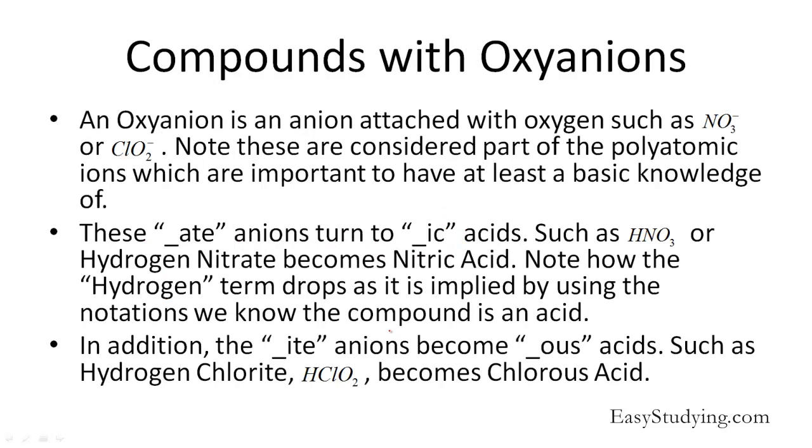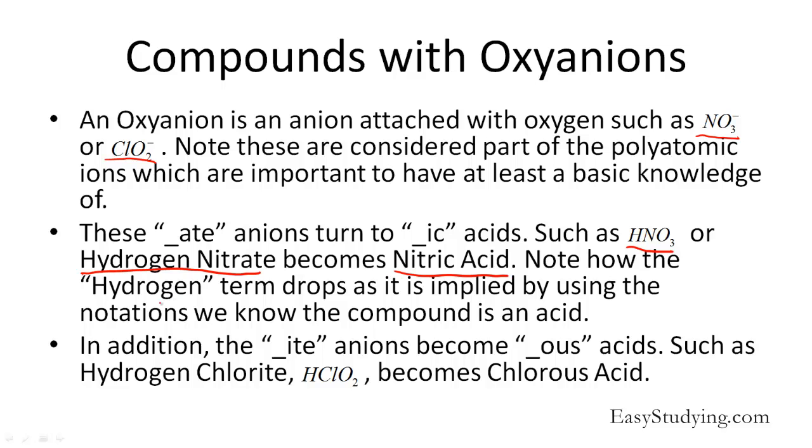Compounds with oxyanions. An oxyanion is an anion that is attached with oxygen, such as this nitrate anion and this chlorite anion. Many will recognize these as part of the polyatomic ions, which I mentioned before is important to have a basic knowledge of, or at least memorizing some of them. The "ate" anions turn into "ic" acids, such as hydrogen nitrate, HNO3 here, which becomes nitric acid.